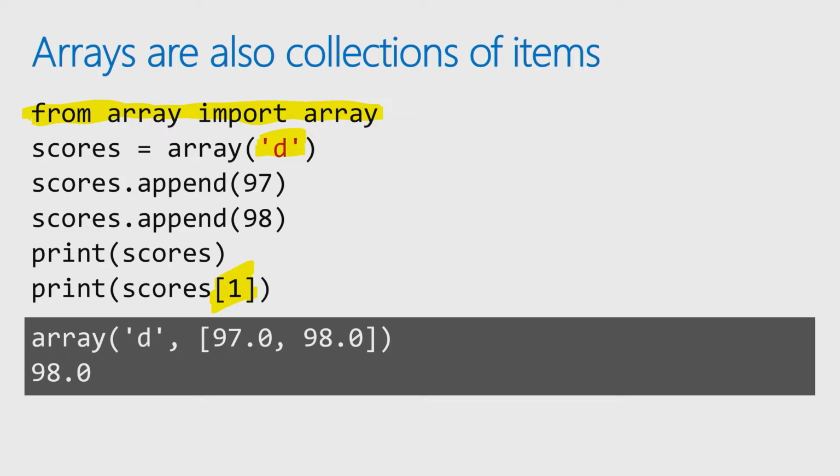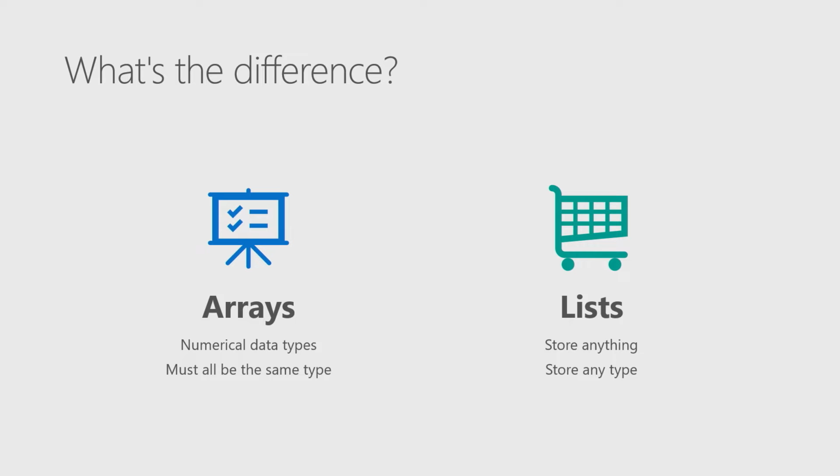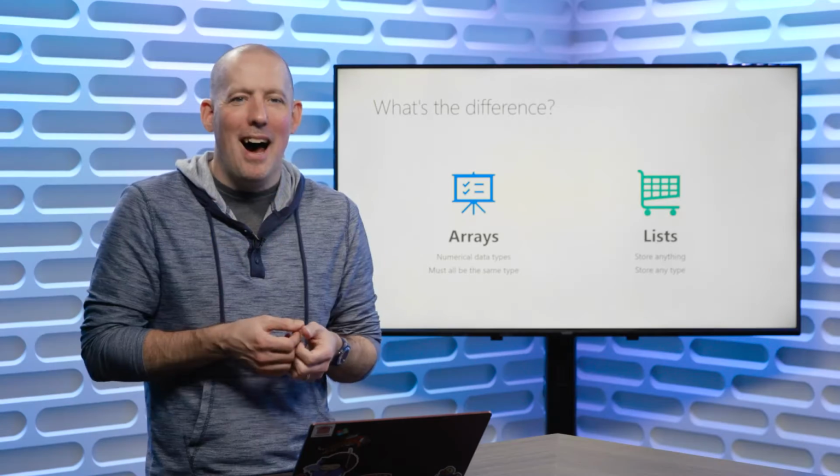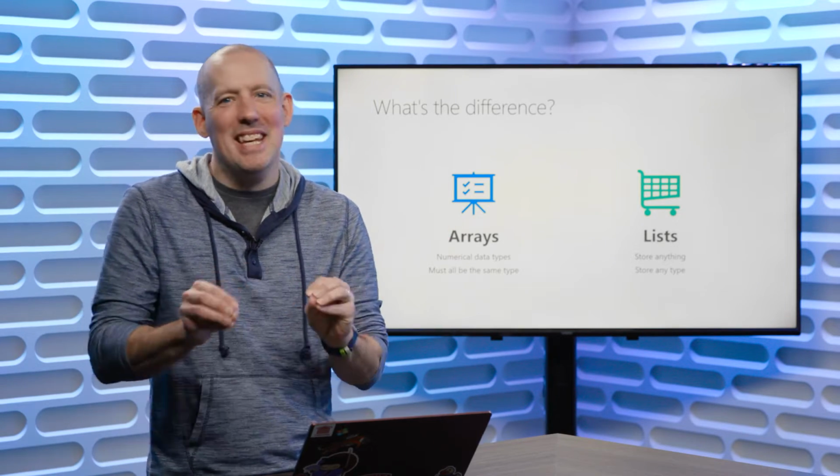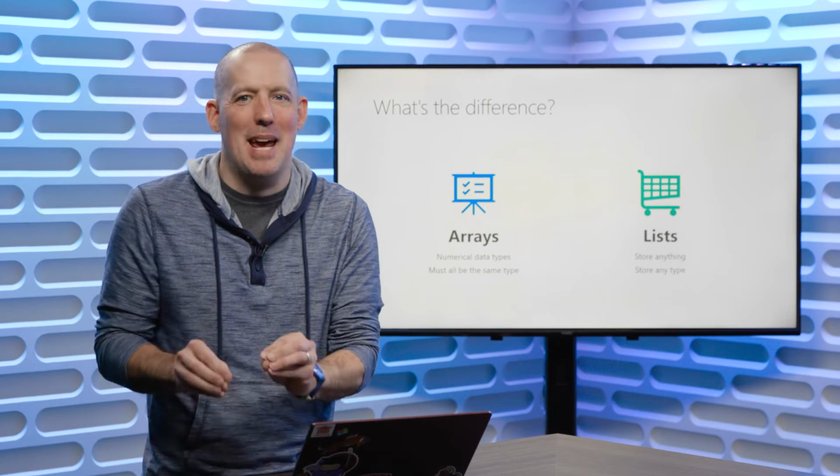Now, one thing that you might be wondering is, hey, Christopher, what then is the difference between an array and a list? And, well, I'm glad you asked. An array, again, has to be numeric data types, and everything inside of there always has to be the same data type.